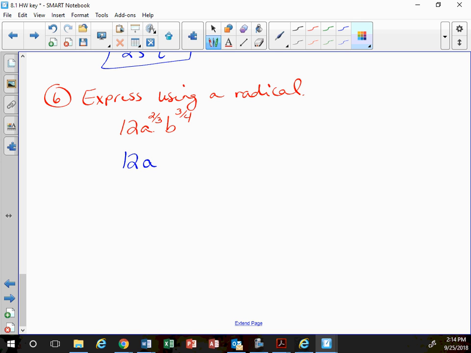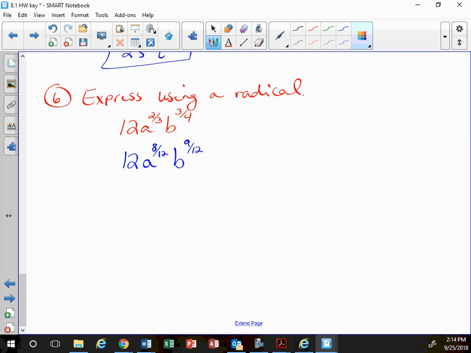So do you guys agree A would be to the 8/12 and B would be to the 9/12? All right, now you're 12 out in front. I realize there's a lot of 12s happening here.